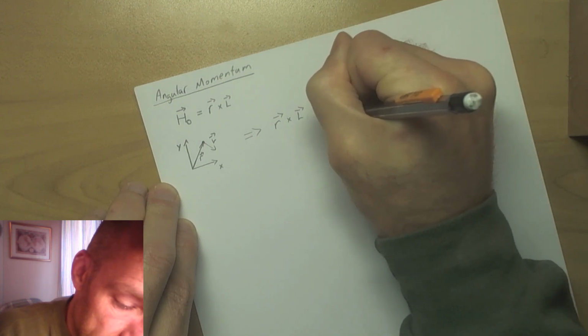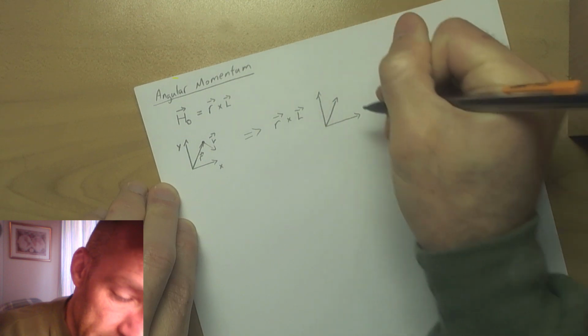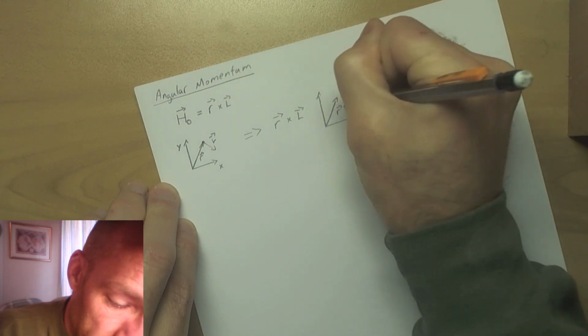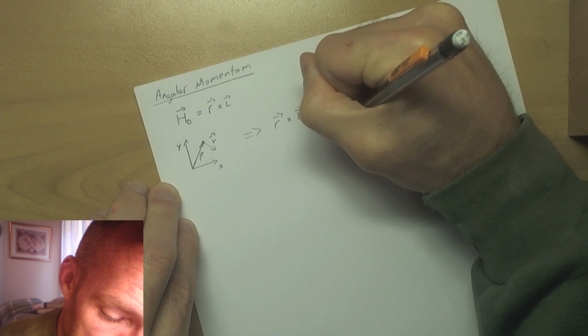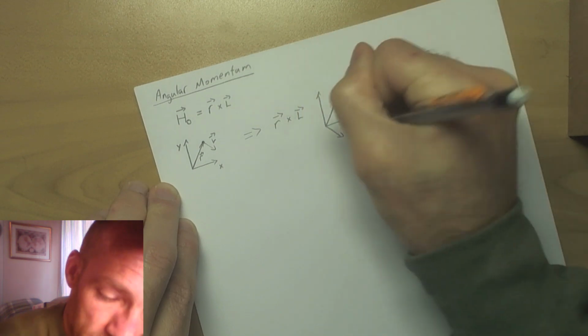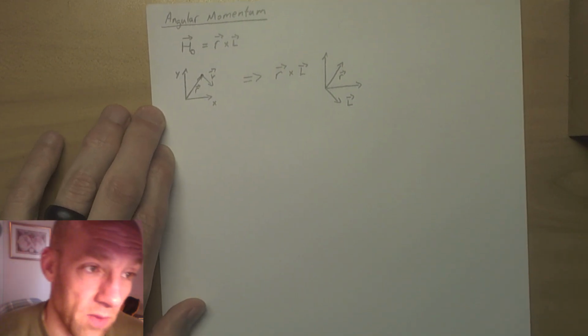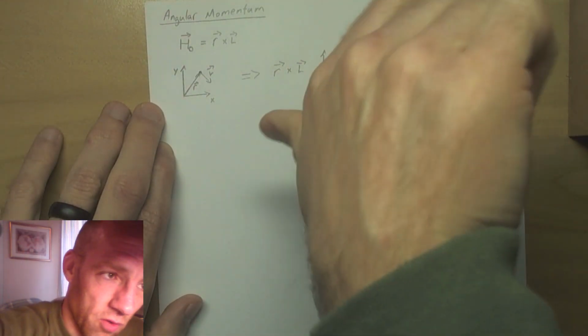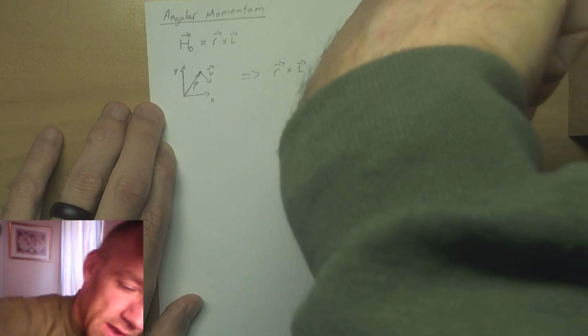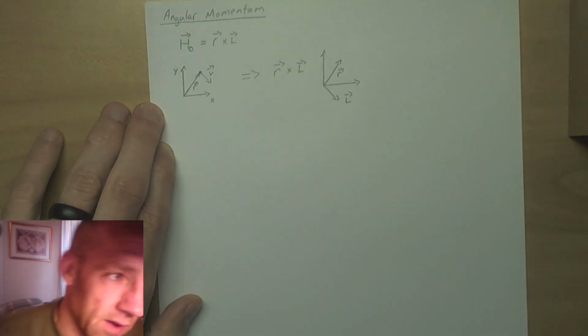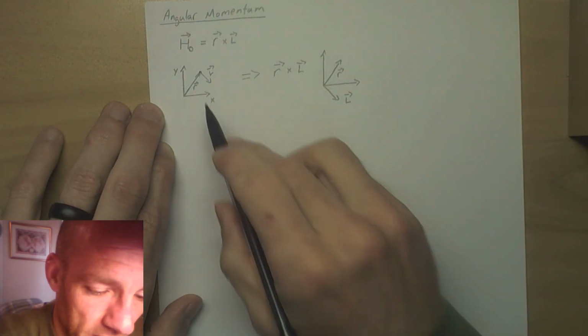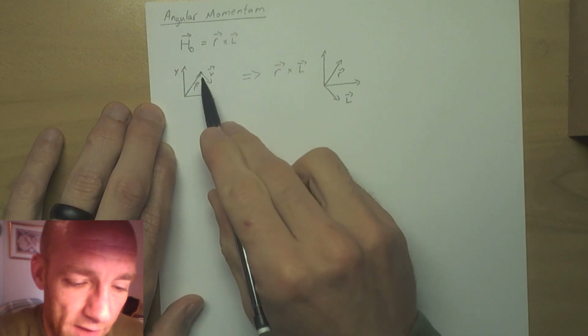So in this case, that would be R, and this would be L. So they both originate from, so now it makes sense, the cross product passing through R then to L, pointing down.